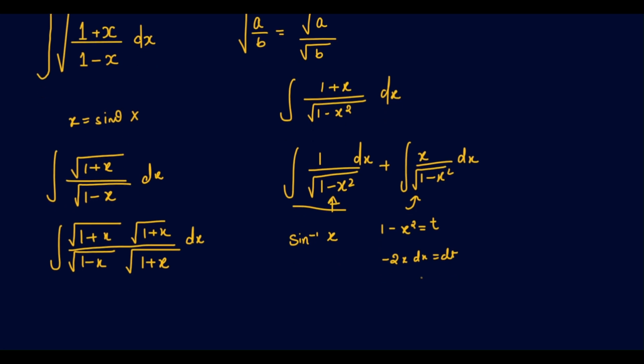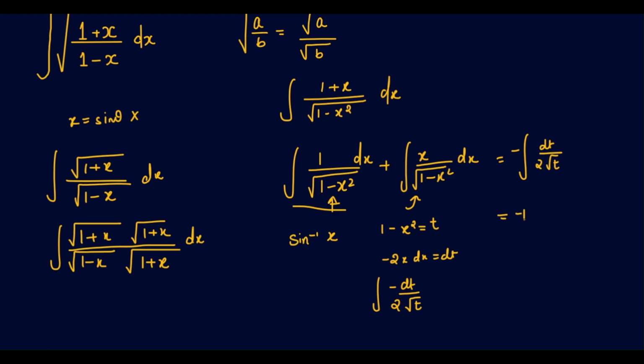So if I want to write the integration of x dx, I will write it as minus dt over 2, and this root t, everything will be written in this form, that is minus dt by 2 root of t.